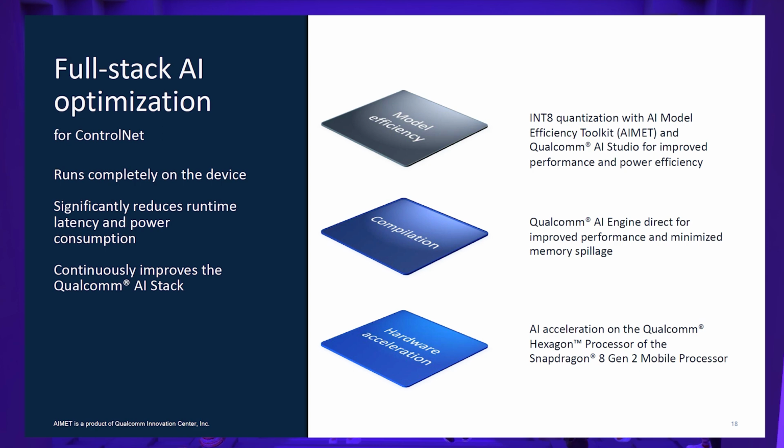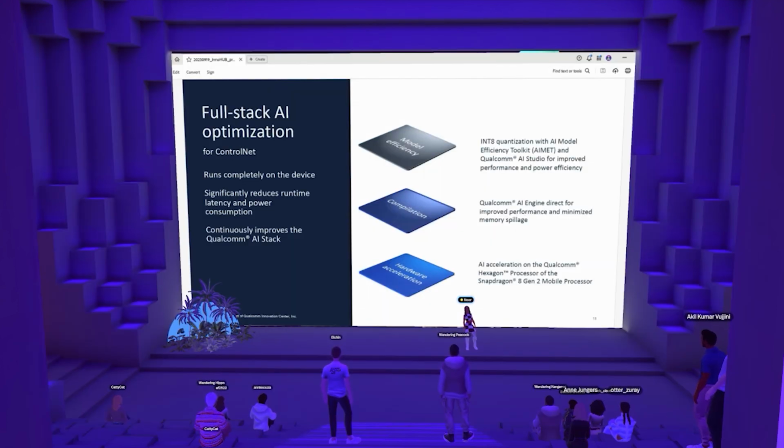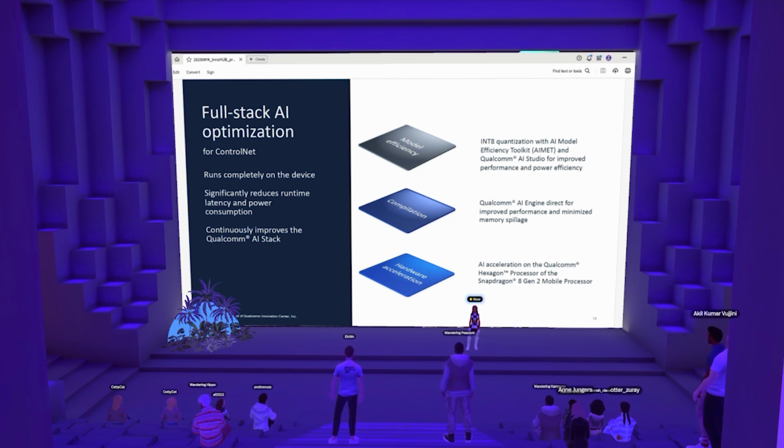What I mean is when we are moving tensors across different hardware components, we used our toolkit, Qualcomm AI Engine Direct, to avoid any kind of spillage during such operations. We also used our hardware acceleration, our Snapdragon 8 Gen 2 mobile processor for this. All of these form a complete recipe for optimizing ControlNet overall and bringing down the latency to just 12 seconds.